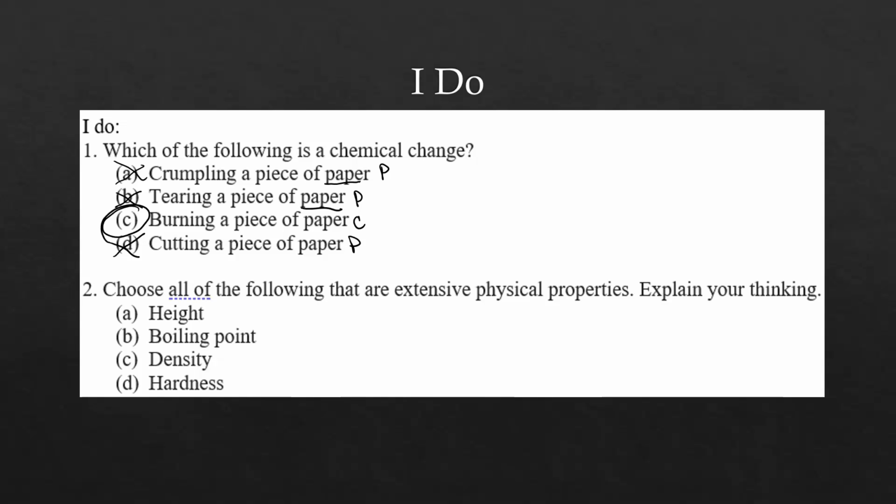Number 2, choose all of the following that are extensive physical properties. Explain your thinking. So height, boiling point, density, and hardness. Extensive means that it will change when the amount of matter changes.